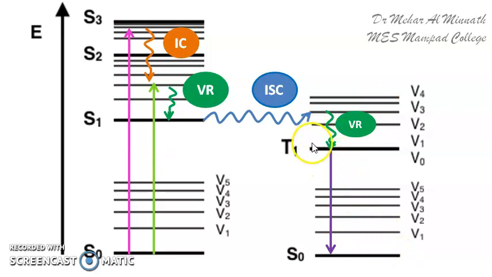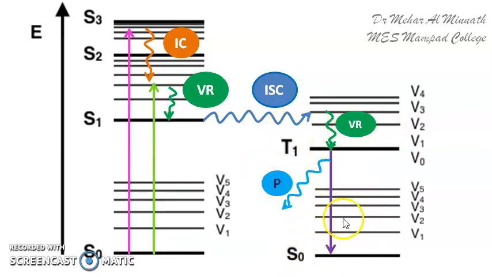When the system jumps down to the ground state from the first excited triplet state, as in fluorescence, this also emits radiation, losing energy in the form of radiation, and that is called phosphorescence. So phosphorescence involves the transition of the system from the first triplet excited state to the singlet ground state.